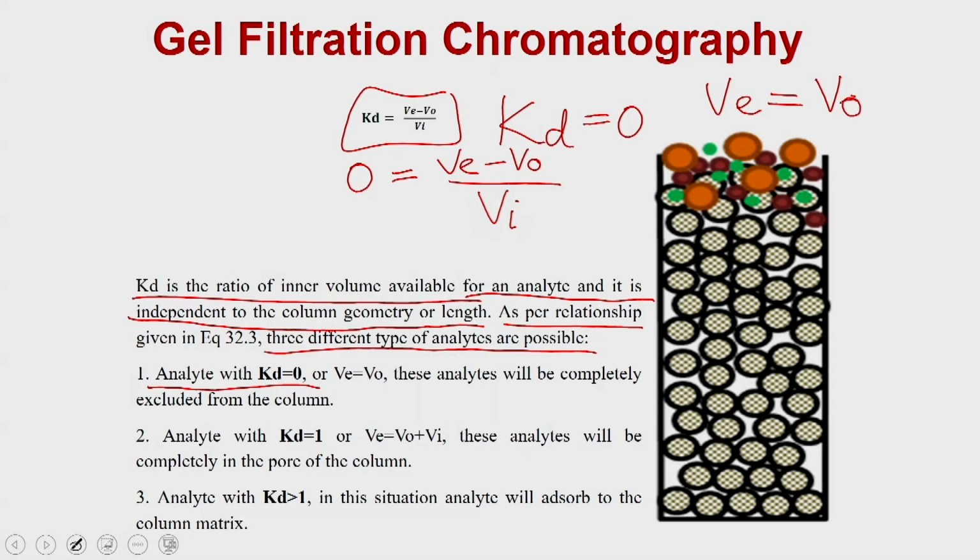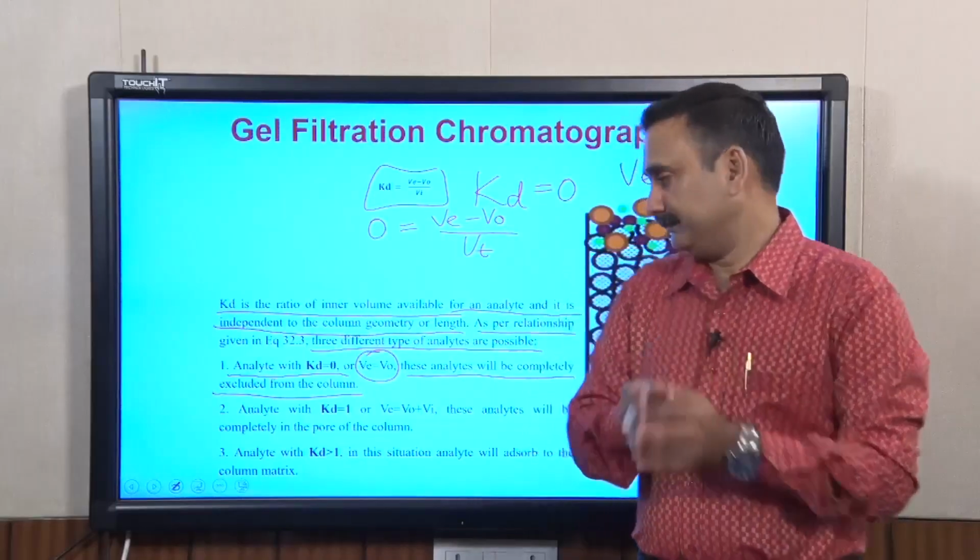VE equal to Vo means these analytes will be completely excluded from the column. If Kd is 0, the molecule is not entering into the pores of these beads, and because of that the Vi is going to be 0, and as a result VE is going to be equivalent to Vo, which is the void volume.